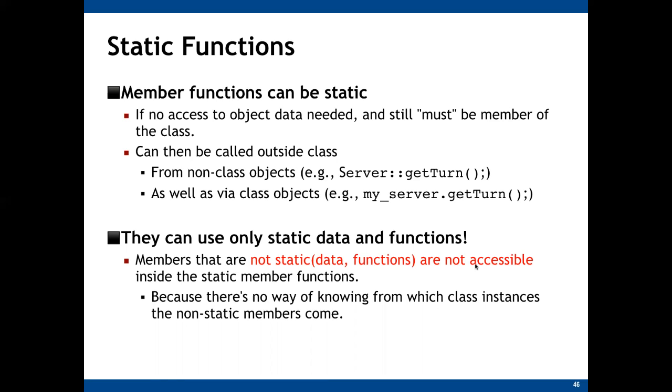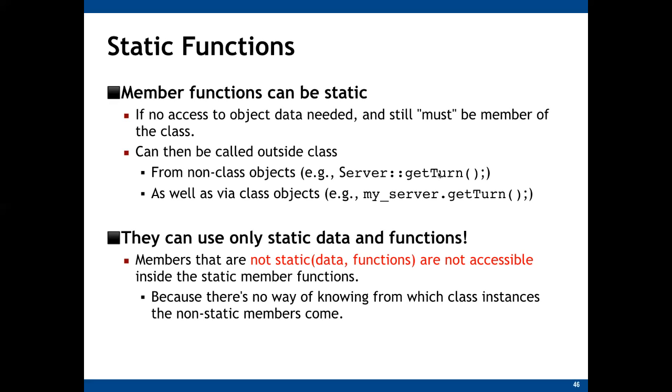And static member functions can be called in the normal way using an object and the dot operator. But it is more common to call a static member function using the class name and the scope resolution operator, like this.